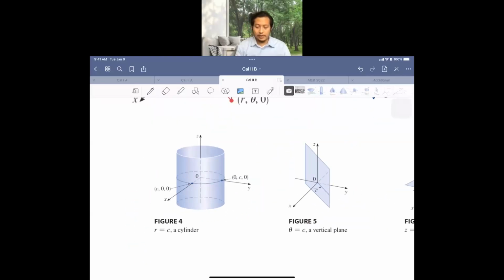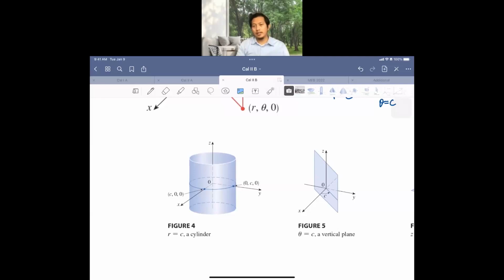So if r is a constant, we could recall what we have done in the previous samples in chapter 12, right? We have the cylinder, for example x squared plus y squared is 4 in 3 dimensions. This gives a perfect cylinder with a constant radius. I think it's easy to imagine.